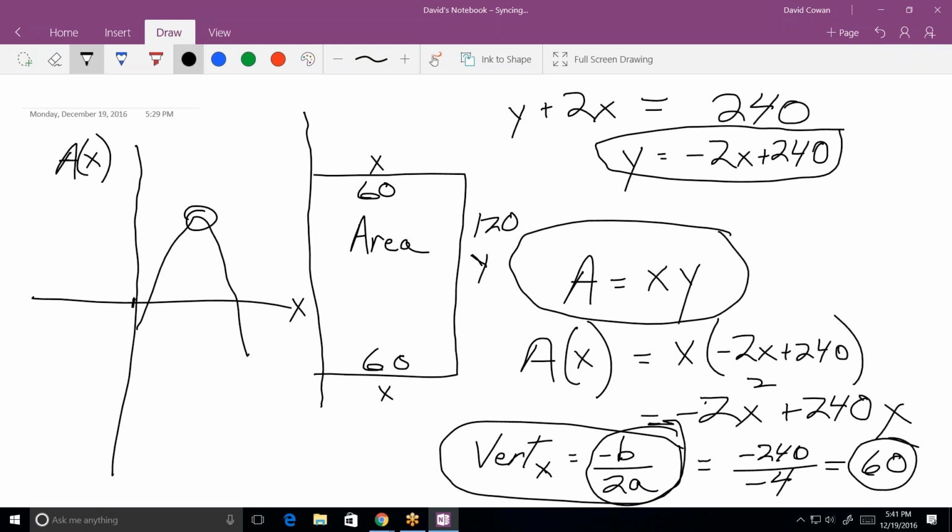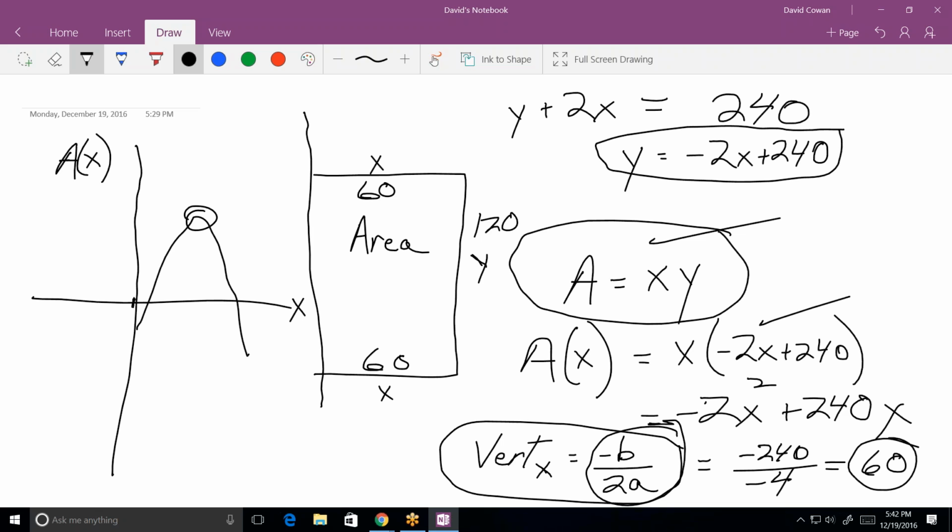You usually need one other independent equation that allows you to write this function in terms of one variable only. We don't really know how to graph that. That's not a quadratic. That's not a parabola. It only turns into a parabola or a quadratic when I figure out what y is in terms of x and substitute it.